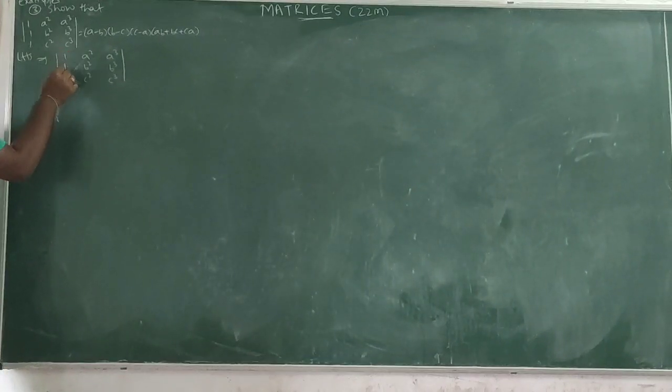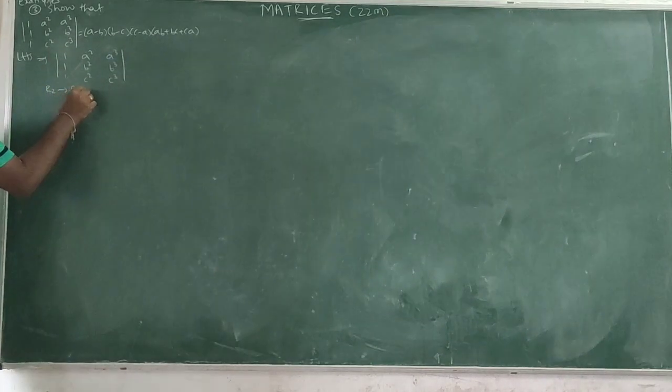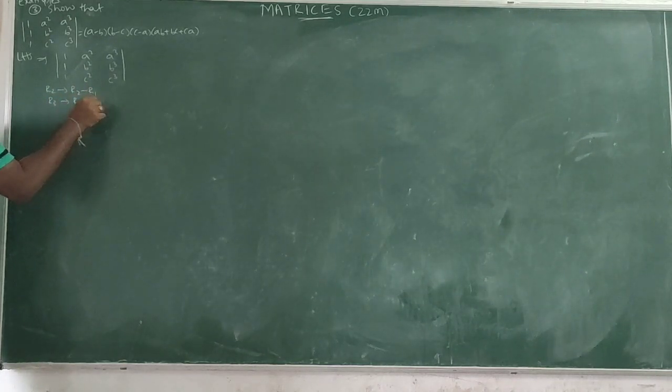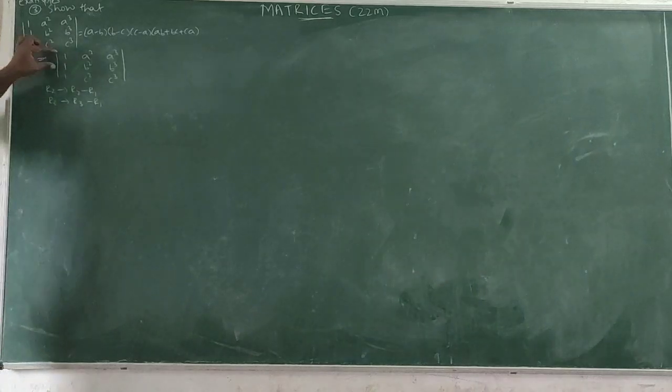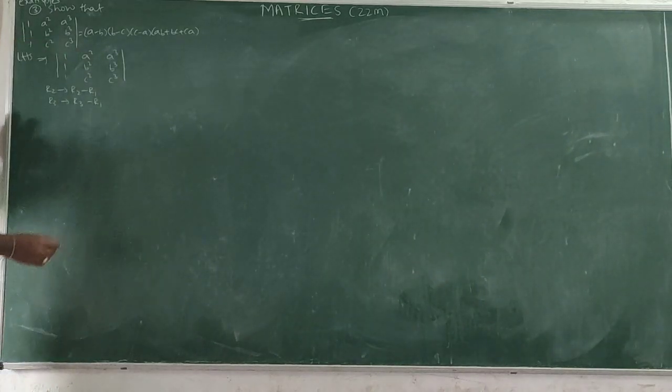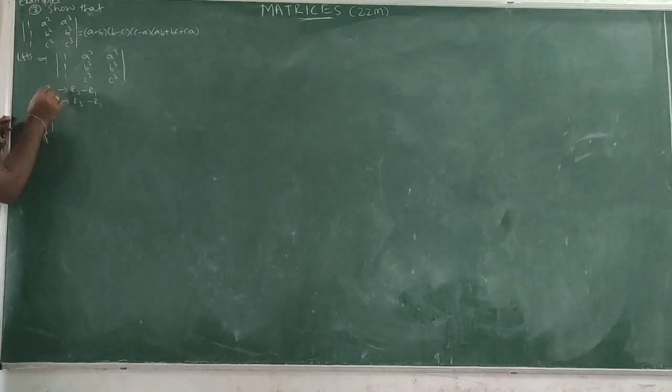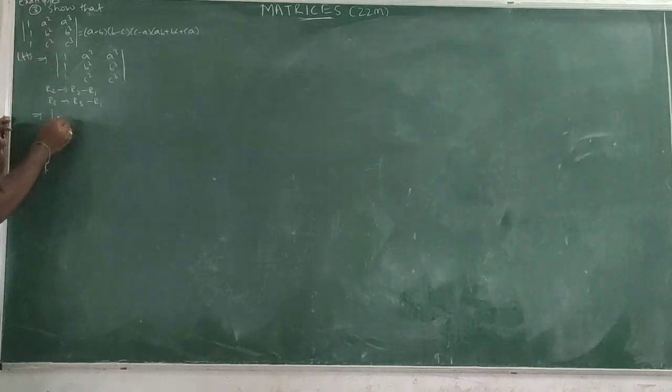Since all these are ones in the column, I am using row operations. R2 changes to R2 minus R1, R3 changes to R3 minus R1. So 1 minus 1 is 0, this 1 minus 1 is also 0. Now R2 and R3 are changing, R1 is not changing.